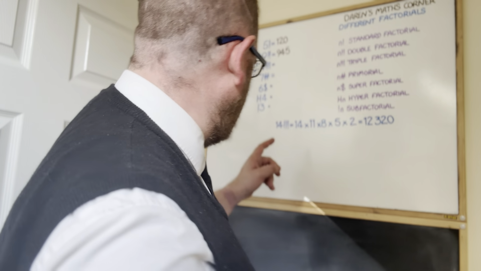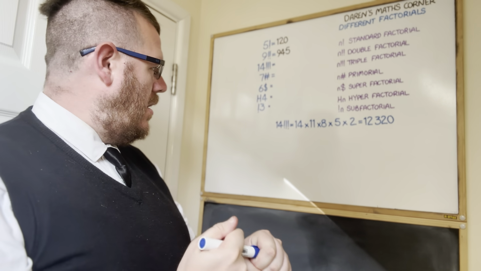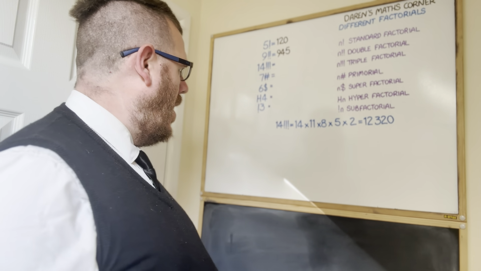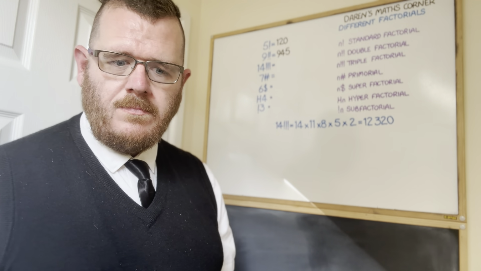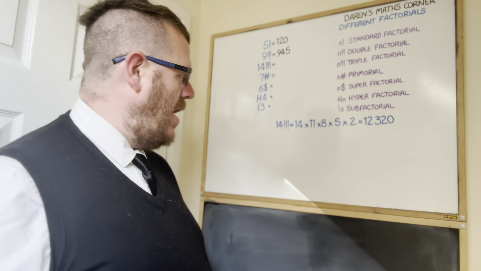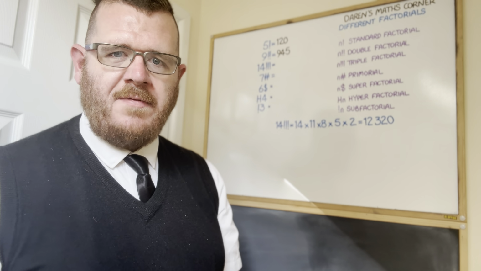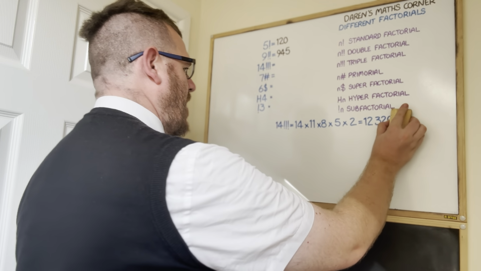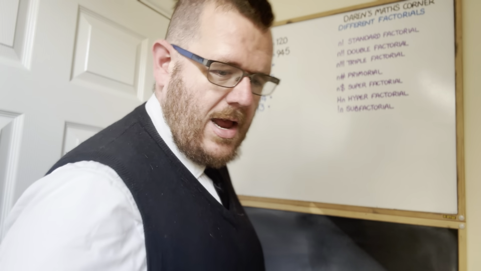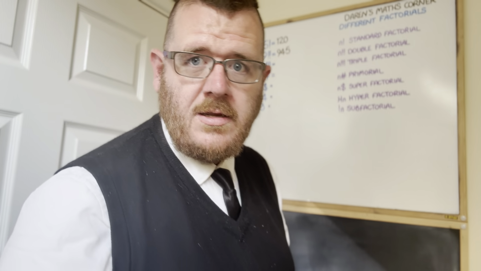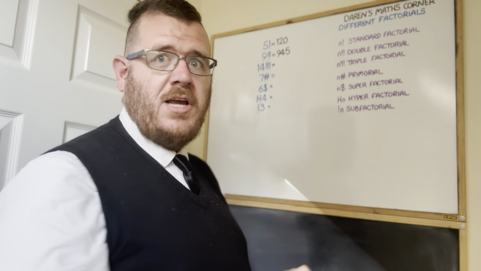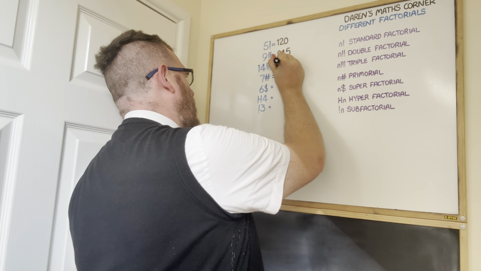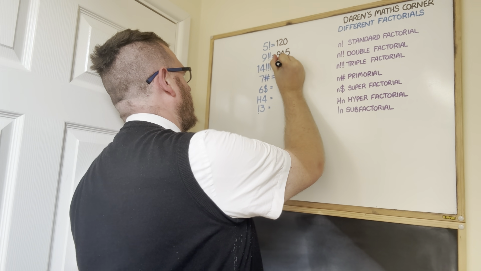That's if you've got something like an 8 triple factorial, 11 or 14, because you then get to work out the 5 times 2 together to give you 10. It's an interesting little shortcut there. It only works if you're in that situation, so please be careful when you do little shortcuts.